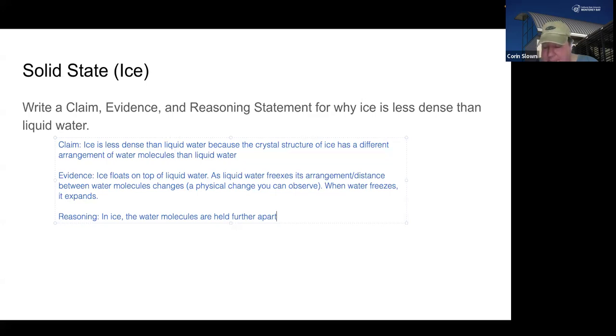So if we think about the increased spacing, it means there's greater volume of air compared to water molecules. And in terms of the actual arrangement, it's a tetrahedral lattice that creates pockets.